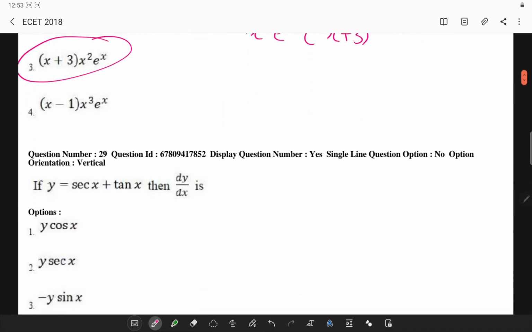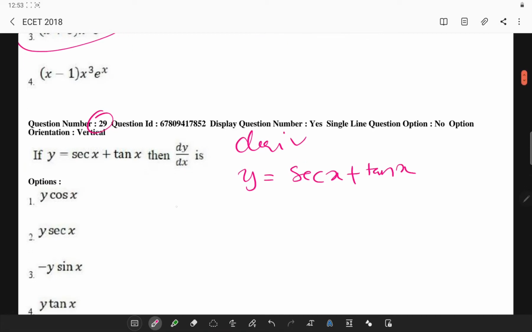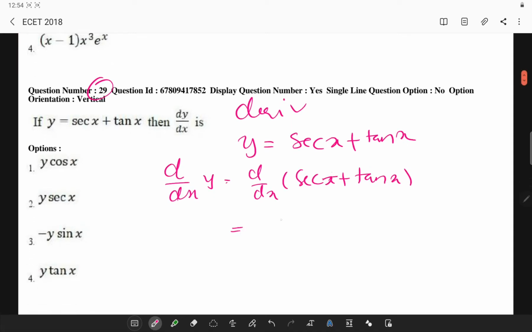Now the next question is also related with derivatives. So we have y is equal to secant x plus tan x. If I take the derivative d by dx of y, d by dx of secant x plus tan x, you will be left with secant x tan x plus d by dx of tan x, which is secant square x.